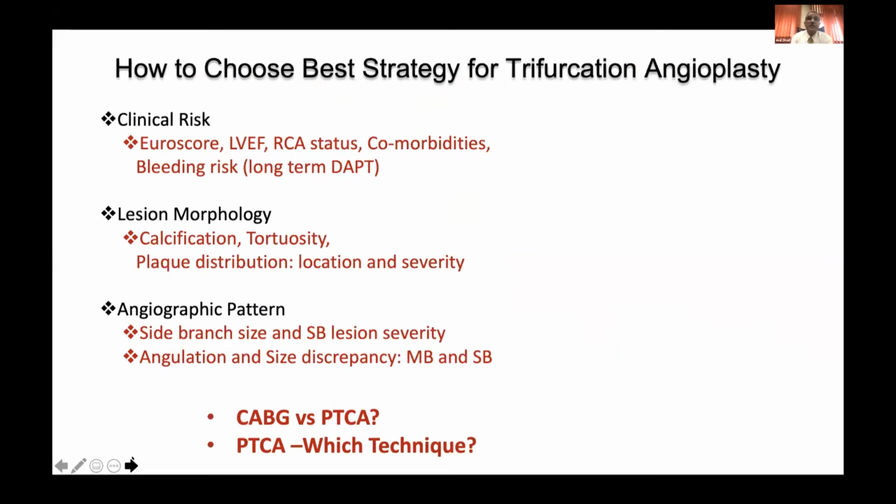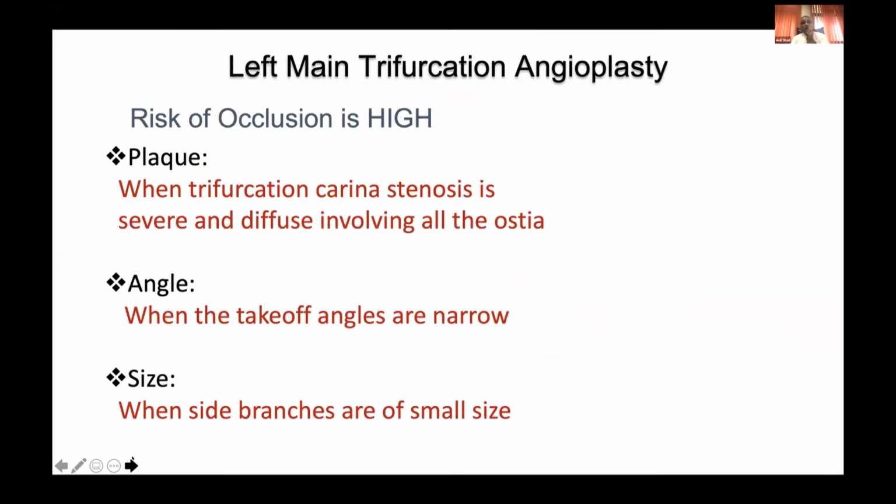Well, we can all say that surgery becomes a very easy choice, but we can clinically risk stratify by using various clinical scores. We can look carefully at lesion morphology, calcification, tortuosity, and the side branch pattern. Because when the trifurcation carina is severely diseased, and it is a disease involving all the ostia, it becomes even more difficult when the angles are narrow.